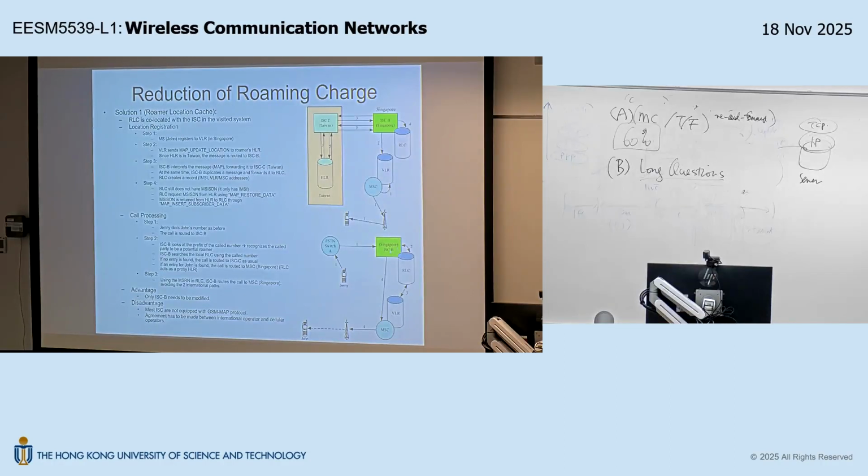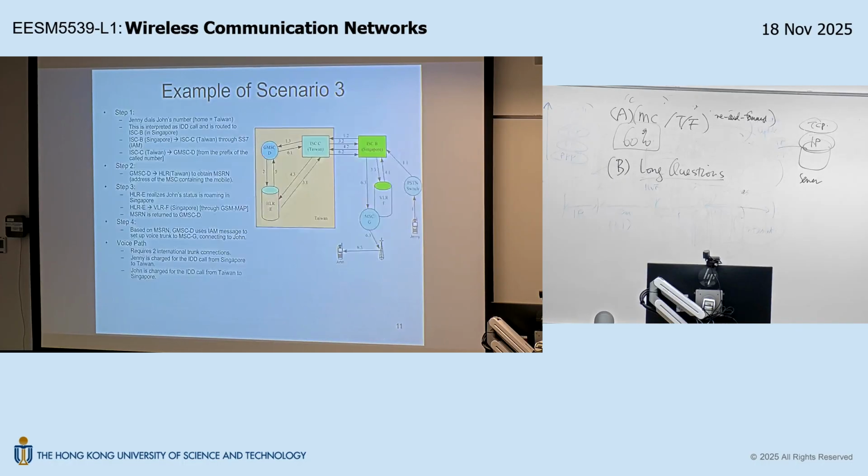So instead of setting up a trunk to the Taiwan ISC, this carrier will set up a trunk directly to the mobile switching center of Singapore's mobile network. In this way, you proceed with the call, avoiding unnecessary international segments, right? Remember, this is still subject to the constraint of SS7. The SS7 constraint is that once you set up the trunk forward, you cannot go backward.